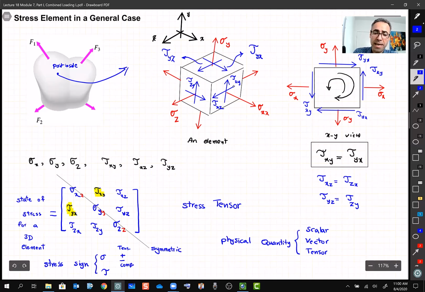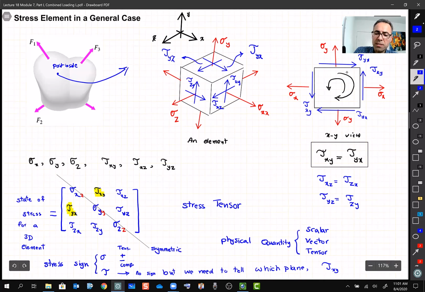But it has the plane, right? Am I on the XY plane? Am I on the YZ plane? So, no sign, but we need to tell which plane. How do we say it? For example, we say tau xy. When I say tau xy, immediately you visualize this cube and you say, oh, okay, tau xy is that.